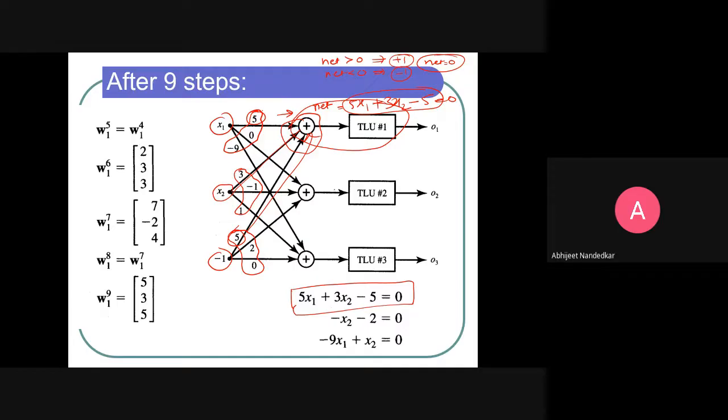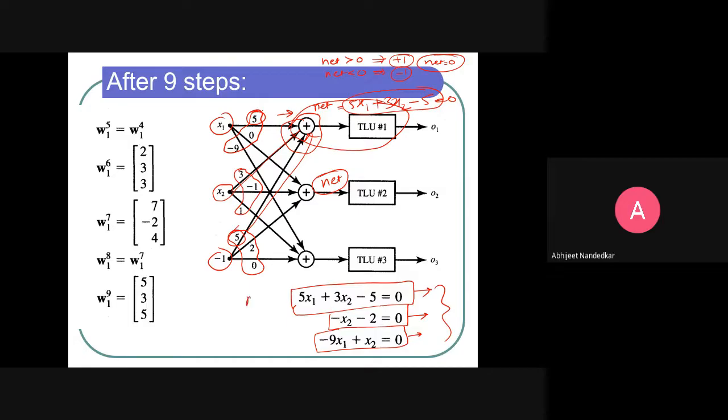The second neuron's net is minus x2 minus 2 equal to 0, so it is implementing this line. And the third neuron is implementing minus x1 plus x2 equal to 0. So these three lines are implemented by this circuit.